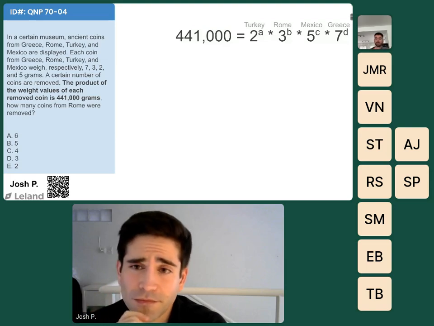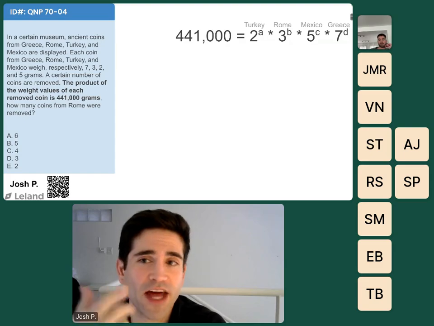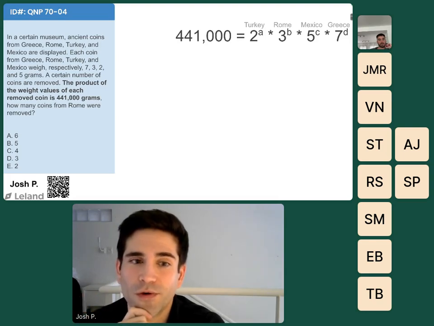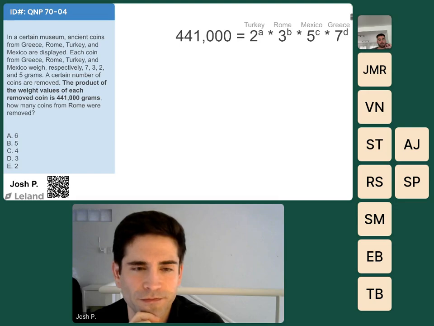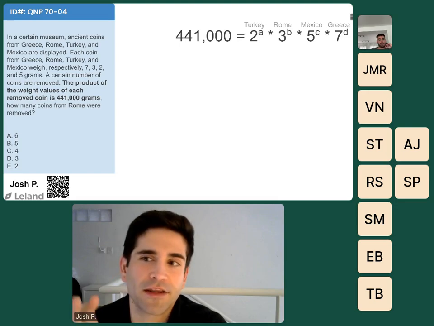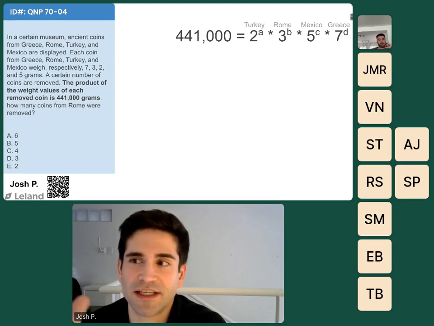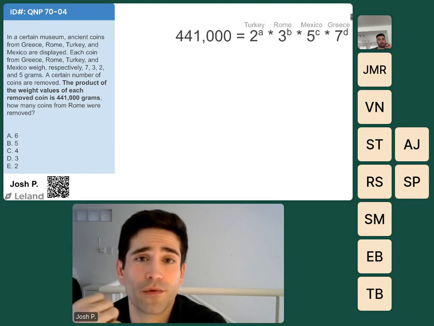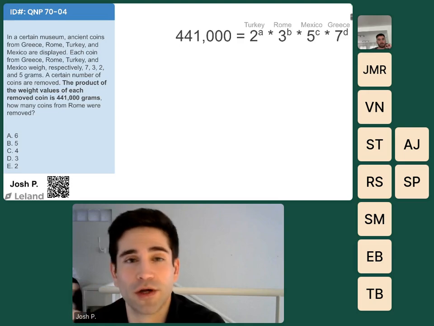So 441,000 must be equal to the weight of Turkish coins times Roman times Mexican times Greek coins, and the exponents A, B, C, and D represent the amount of Turkish, Roman, Mexican, and Greek coins, respectively.